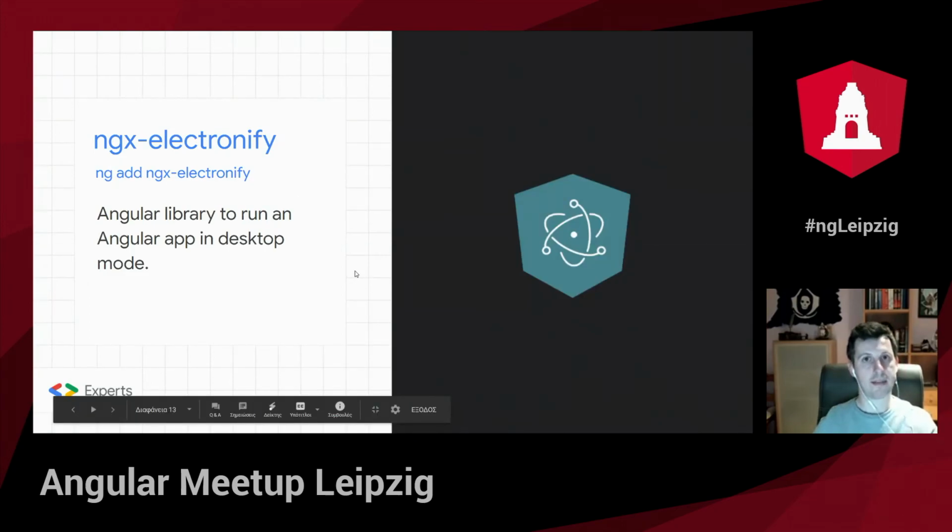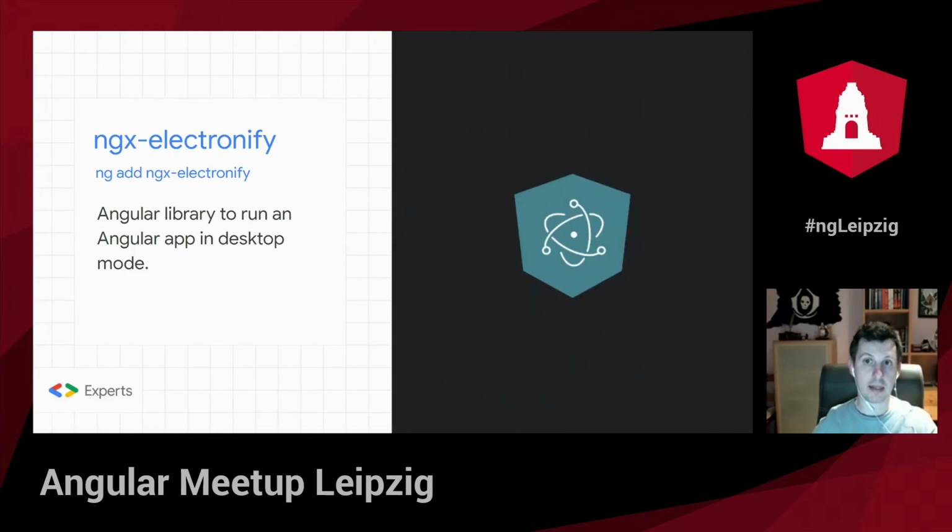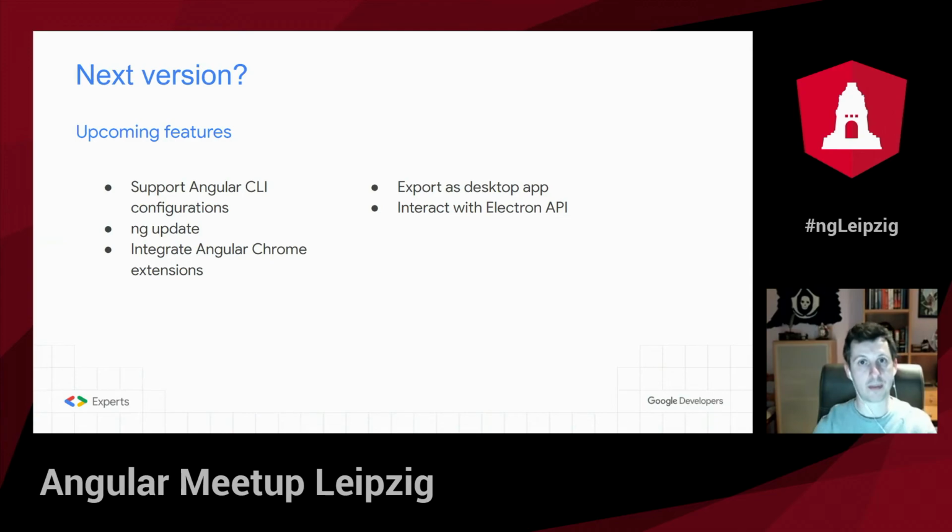So that was the library that I was talking about. Now for the future, in the next version, we have some upcoming features that we want to enable. The first one is we want to support more configurations from the Angular CLI configuration, because now it runs only the serve mode.